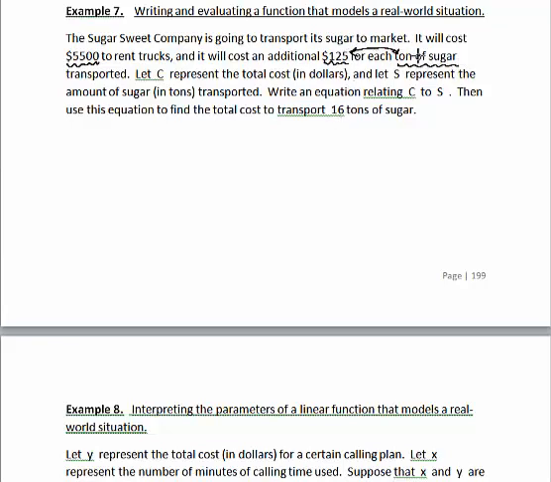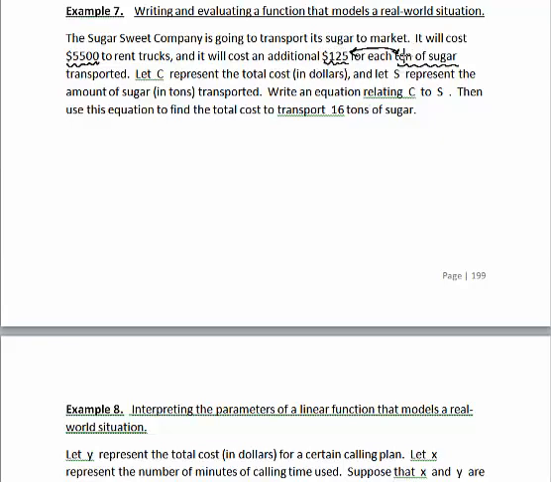Okay, if we transport a ton of sugar, then it's going to cost us $125. If we transport 2 tons of sugar, then it would cost us 2 times 125. So if you read the problem, we have dollars and we have tons. This phrase in the second sentence relates dollars to tons of sugar.